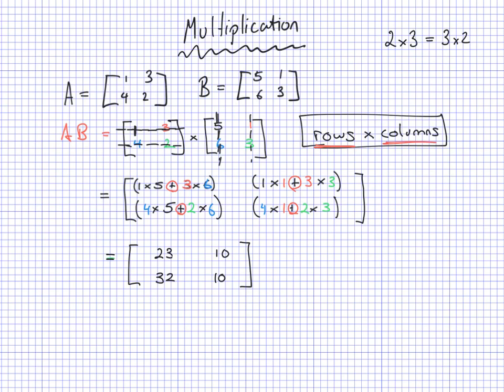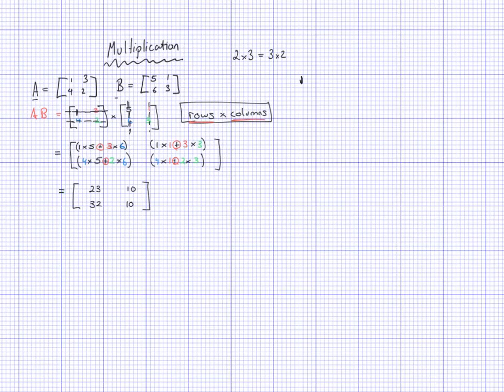And I'll show you. I'll use the same two examples, but in this case, I'm going to do B times A instead of A times B. All right, so I'll lay them out there. First of all, I have 5, 1, 6, 3. That's matrix B times matrix A, which is 1, 3, 4, 2.